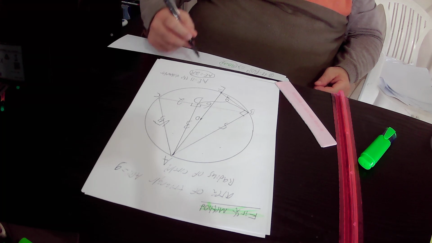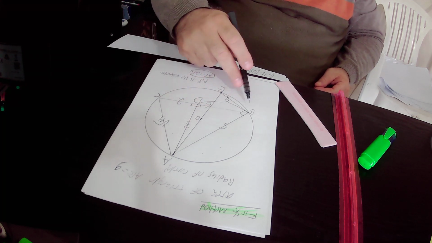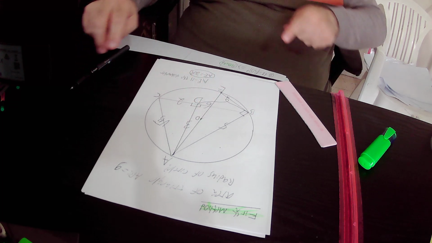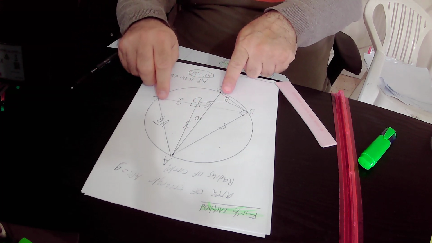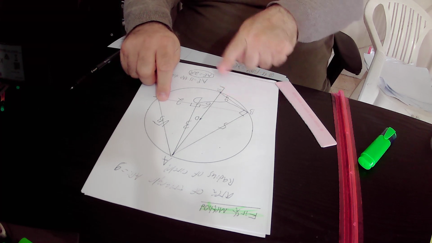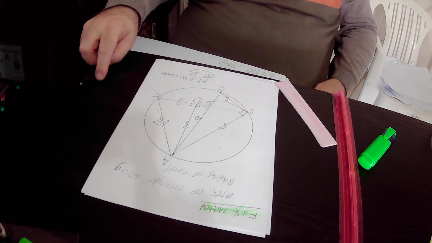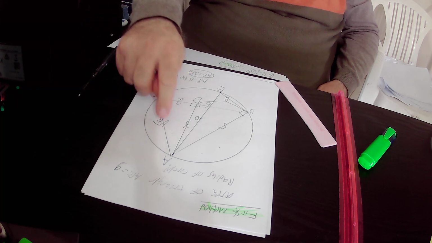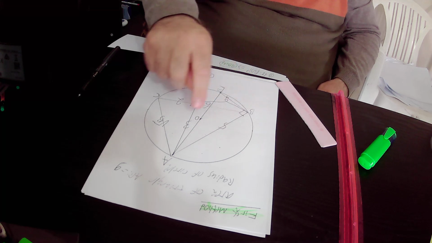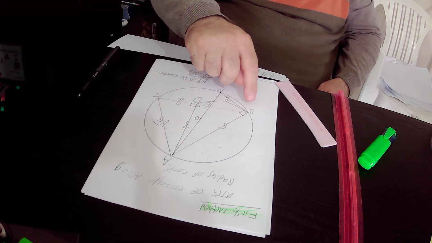Okay, if you focus on chord AB, those two peripheral angles both rest on chord AB. Angle ACB rests on chord AB, and angle AEB also rests on chord AB.